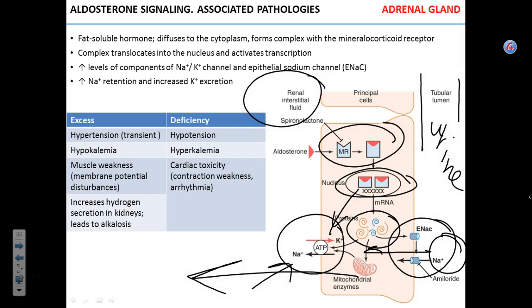And another pretty cool thing, if you inhibit the mineralocorticoid receptor, if you inhibit the receptor for aldosterone, what's going to happen? What's going to happen to the complex between receptor and aldosterone? You inhibit the receptor, you block it.